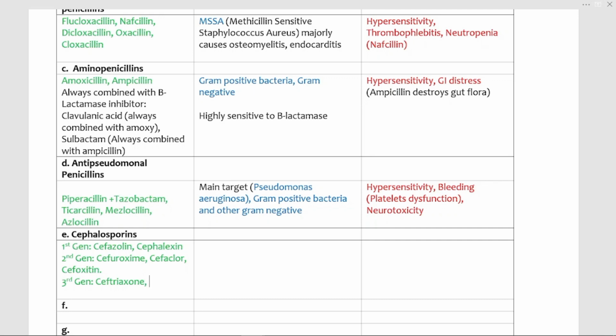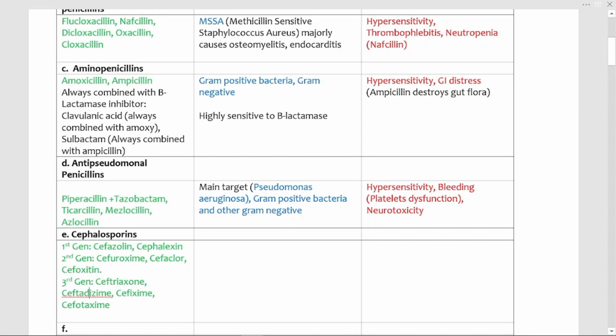We also have ceftazidime, another commonly used cephalosporin. Another one is cefixime, and you also have cefotaxime. So those are some of the examples of third generation cephalosporins. Now another one is the fourth.